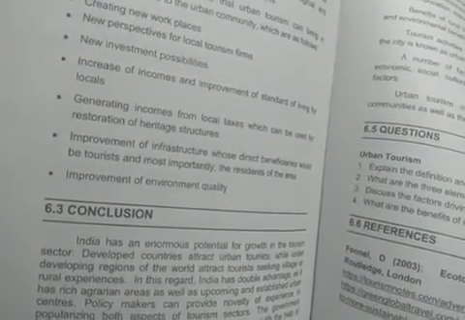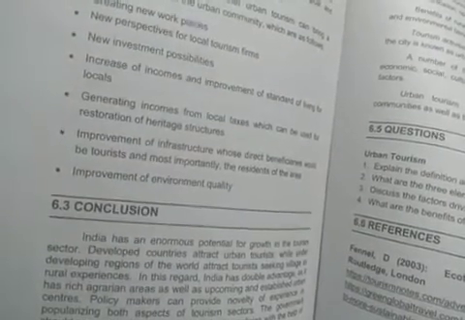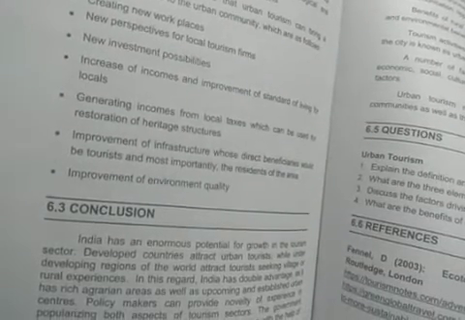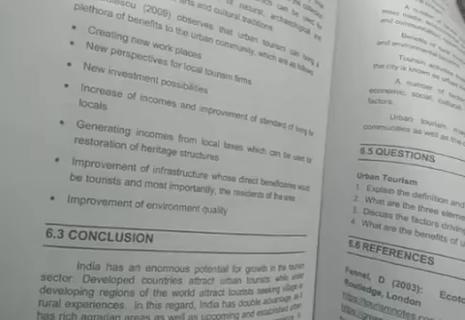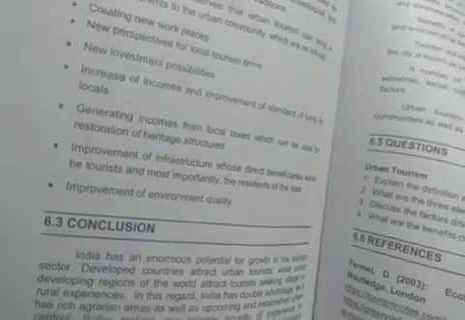Policymakers can provide novelty of experience in popularizing both aspects of the tourism sector. The government should recognize this potential and devise policies with the help of all stakeholders in the tourism process.